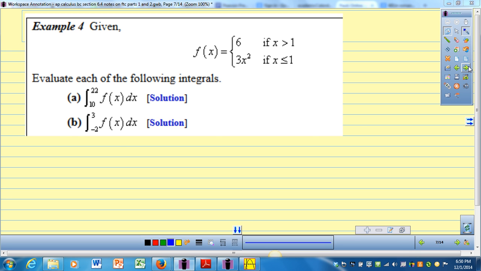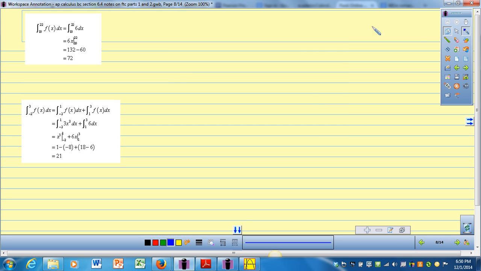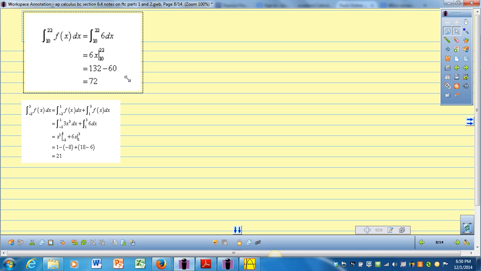And if we look at our next page, solutions, we're just integrating from 10 to 22 of 6 dx. The antiderivative of 6 is 6x, evaluated between 10 and 22. Plug in the 22, plug in the 10, and subtract.